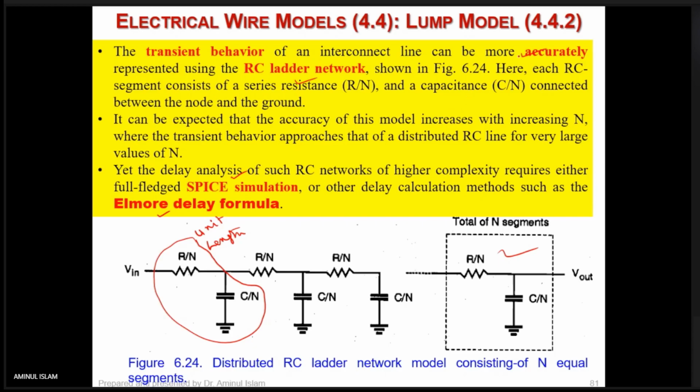Here, each RC segment consists of a series resistance R/N and a capacitance C/N connected between the node and the ground. It can be expected that the accuracy of this model increases with increasing N, where the transient behavior approaches that of a distributed RC line for very large values of N, meaning you are dividing the total length.